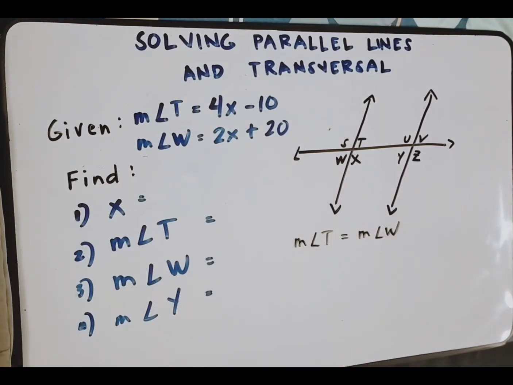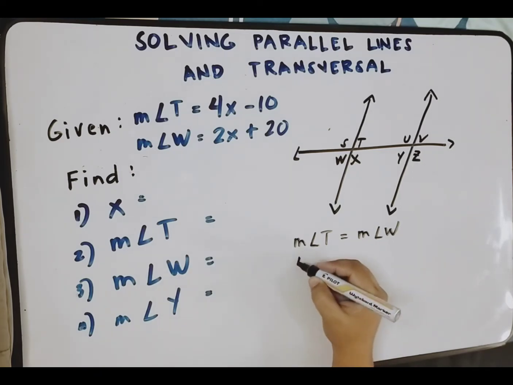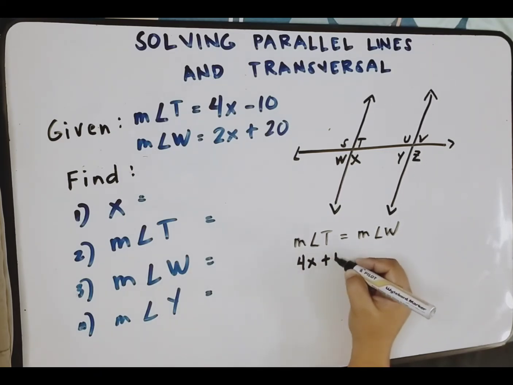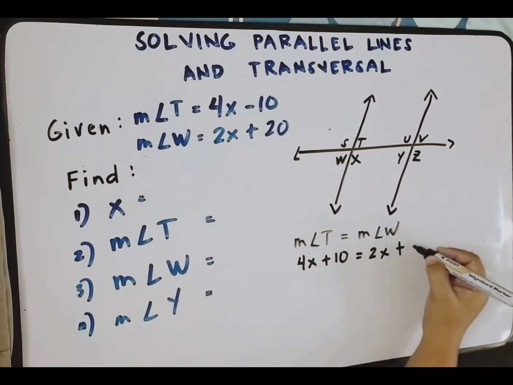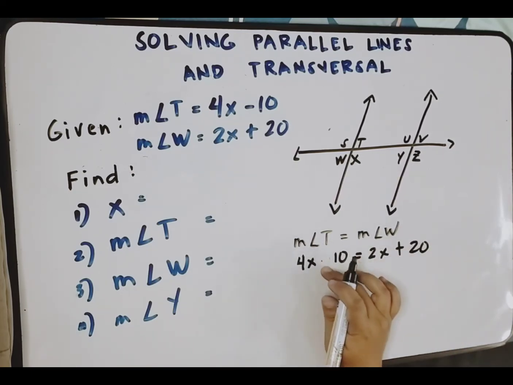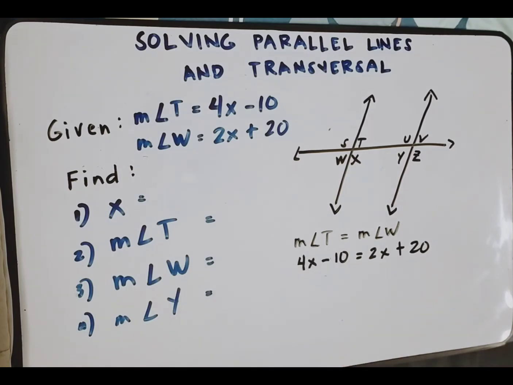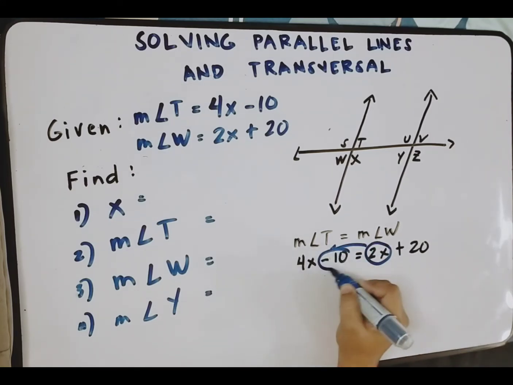So for angle T, we have 4x minus 10 is equal now to 2x plus 20. Combine like terms: we transpose 2x to the other side of the equation and negative 10 to the other side.